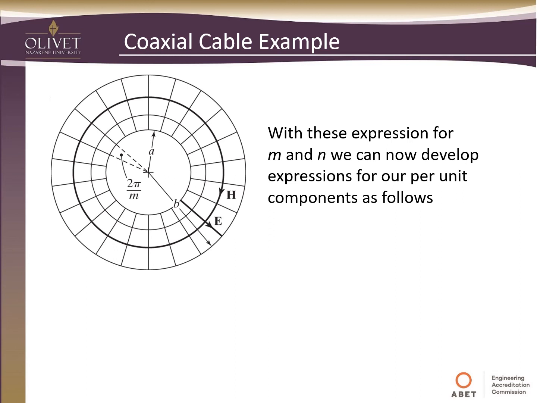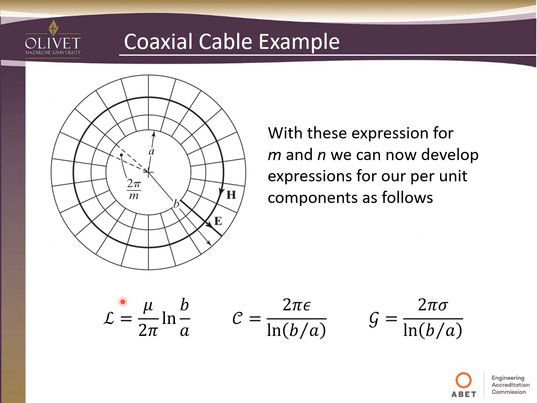So with these expressions for m and n, we can now develop expressions for our per unit components as follows. Our per unit inductance is the permeability of our dielectric over 2 pi and natural log of b over a. So you know we can vary this b and a to get whatever value we want here. Same thing with the capacitance. It just gives us an equation in terms of the property of the material.